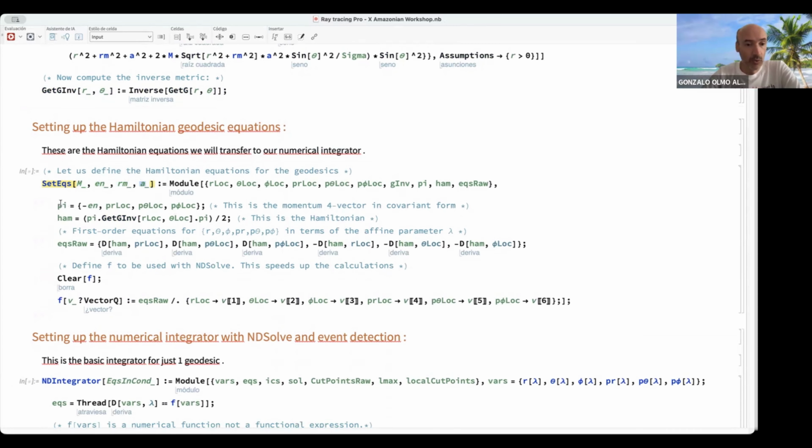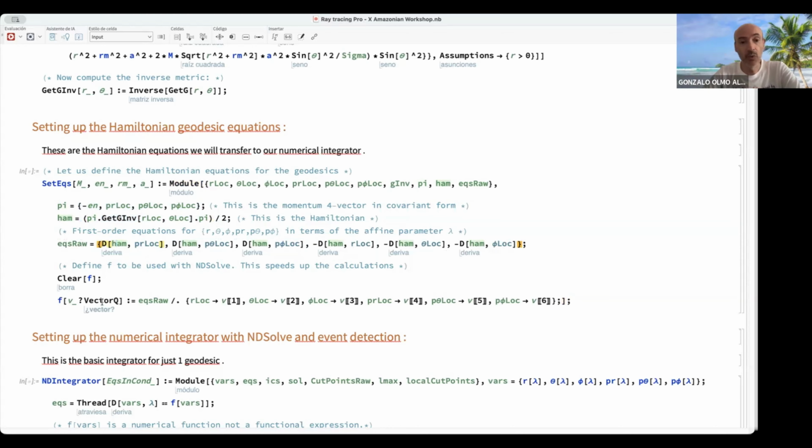So we define the momentum vector in local variables, and the Hamiltonian, remember, is pi times the inverse metric times pi, divided by 2. This is the Hamiltonian. And then the Hamiltonian equations are written in the same way: the partial derivatives for the spatial variables, and minus the partial derivatives for the momenta. And then we define these functional expressions.